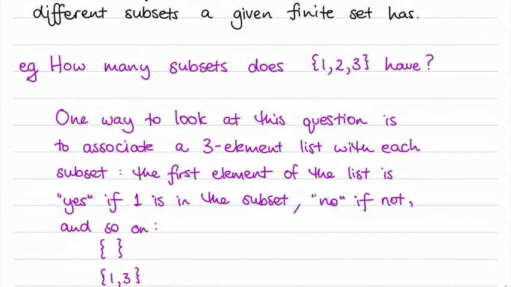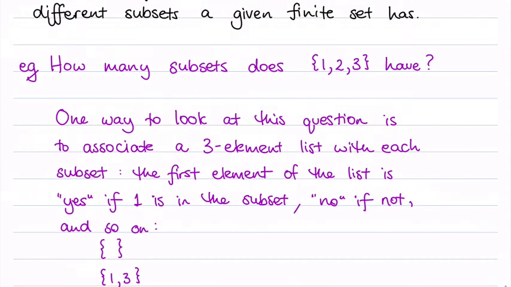So one way to do this is to think about each subset and associate a little list with that subset, where the first element of the list is yes if 1 is in the subset, and no if not. The second element is yes if 2 is in the subset, no if not, and so on.